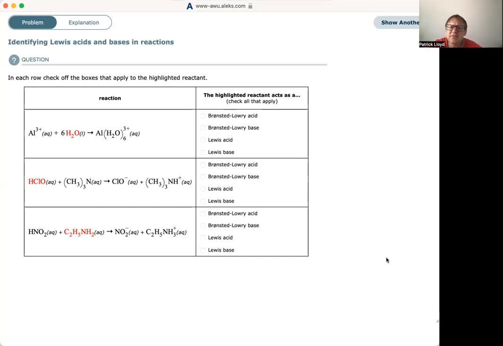Now, let's look at it from the perspective of Lewis acid-base chemistry. So you have HClO. And then you've got your (CH3)3N, oops, let's put this one in black.